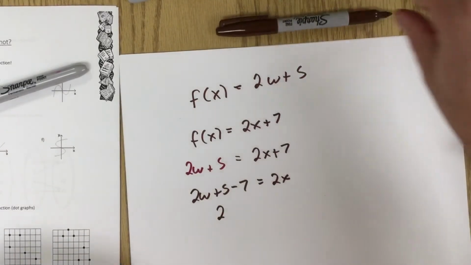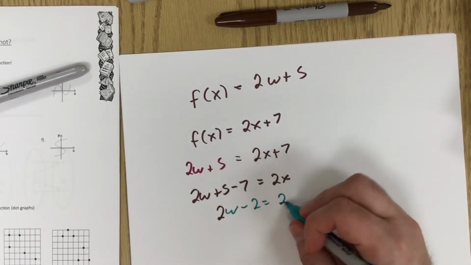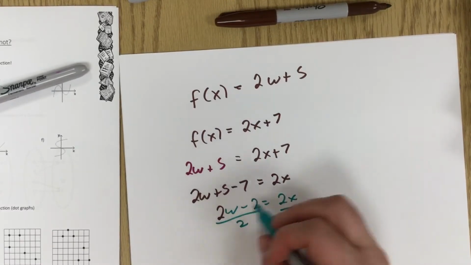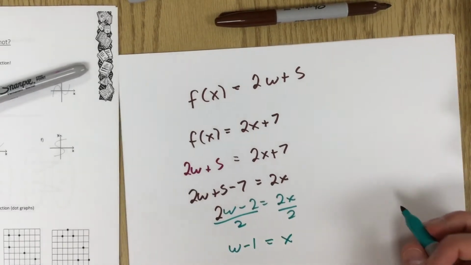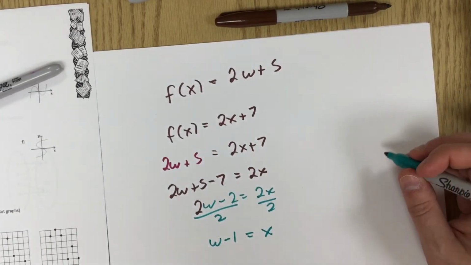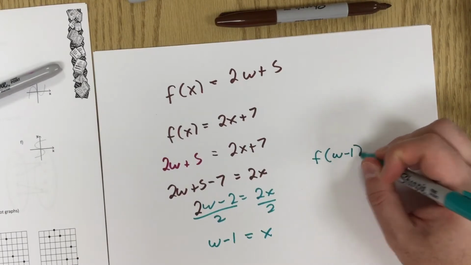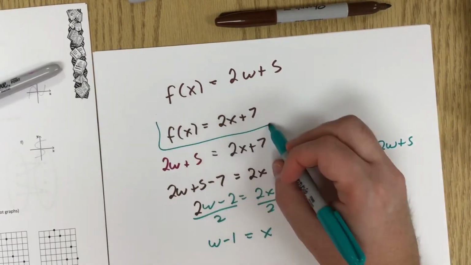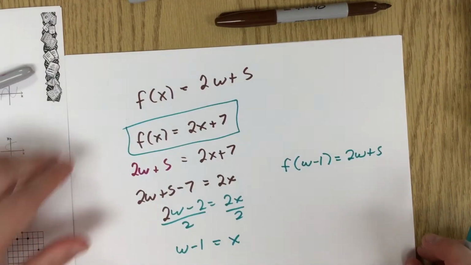Oops, I was doing this in color before. 2w minus 2 equals 2x. Divide everything by 2, and we get w minus 1 equals x. Or to put it another way, f of w minus 1 is 2w plus 5, given this definition of f of x.